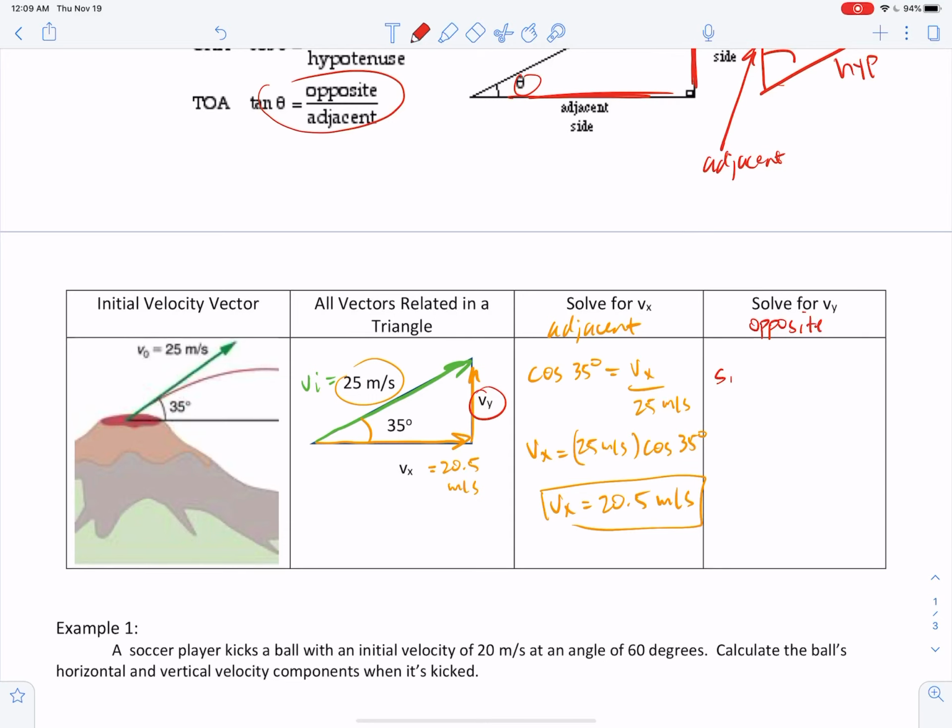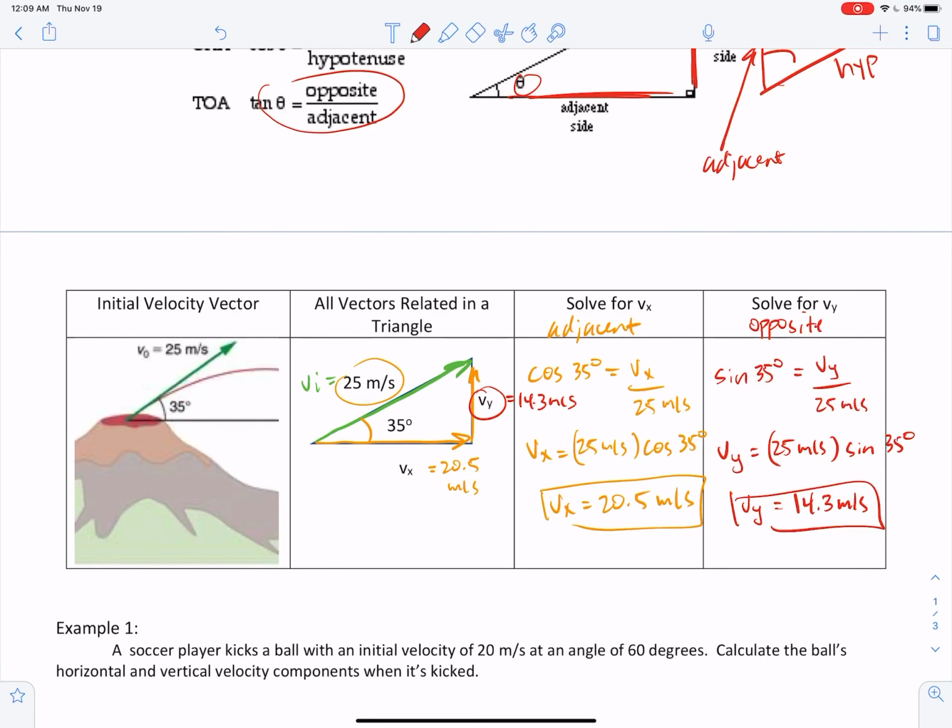And so I can use sine of 35 degrees is by definition the opposite leg, which is Vy, divided by the hypotenuse, 25 meters per second. Multiplying both sides by 25, I get that Vy is going to be 25 meters per second times the sine of 35 degrees. And so the value of the vertical component of the velocity is 14.3 meters per second. And I could add that over here.